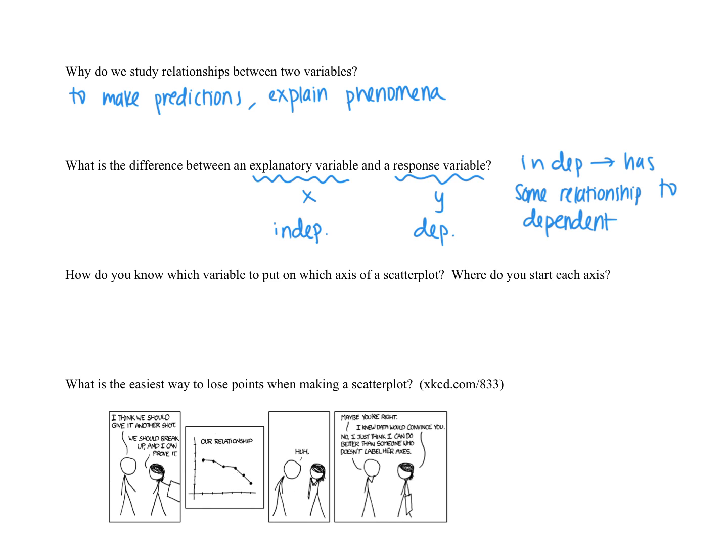So when you're making a scatter plot, how do you know which variable to put on which axis? The x-axis is our explanatory variable, or our independent variable. In our case, that was the hand size. We're going to use hand size to predict amount of candy.